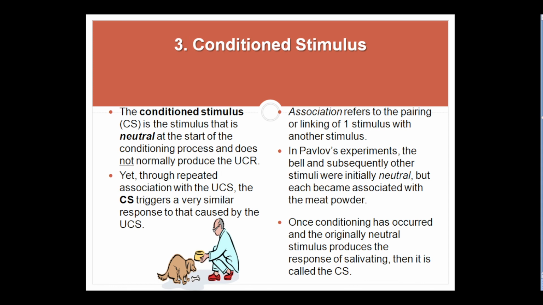Now, what about the conditioned stimulus? The conditioned stimulus is the stimulus which was previously neutral. But since you repeated this association with the unconditioned stimulus and response a couple of times, there will be an association which will produce the conditioned response and conditioned reflex.